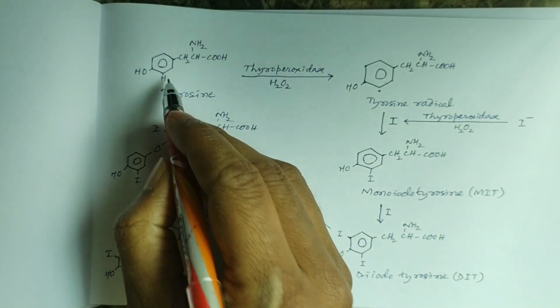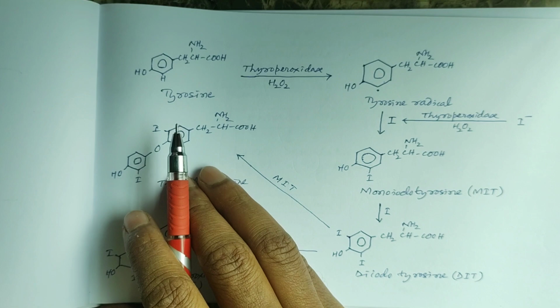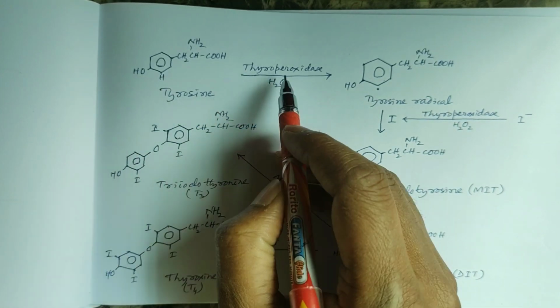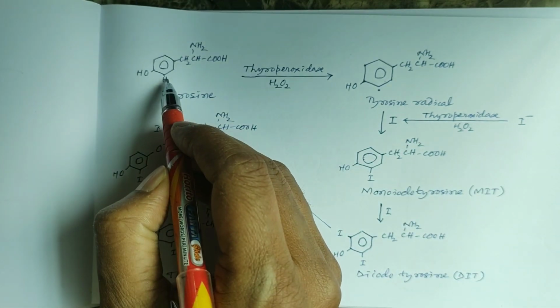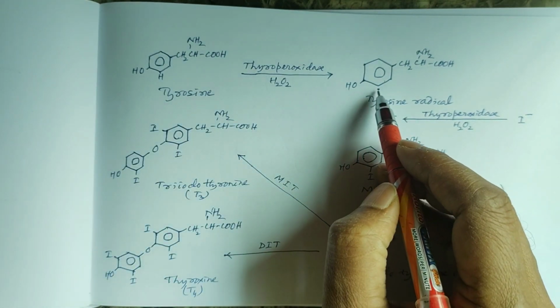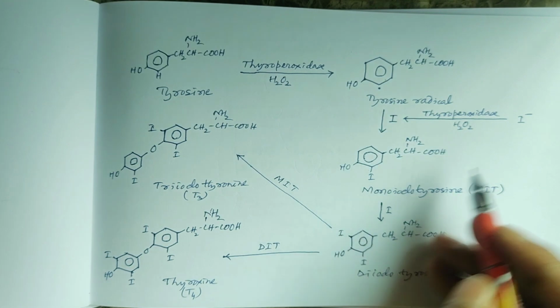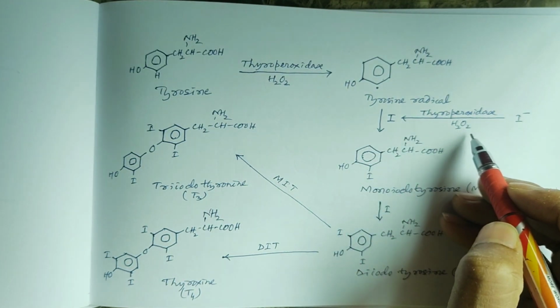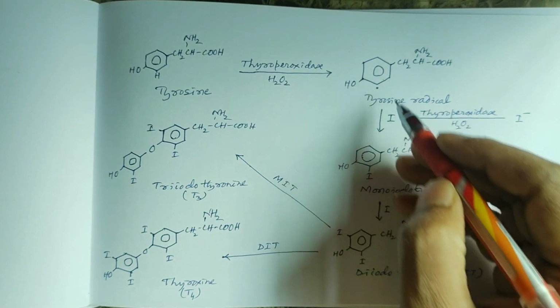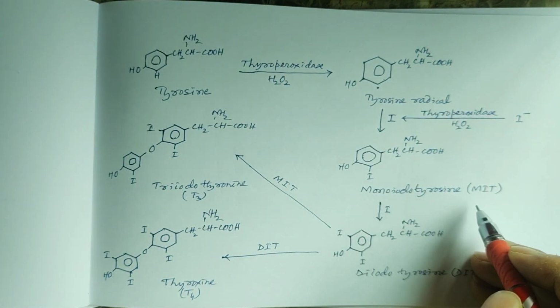You can see this is the tyrosine, and tyrosine amino acid in presence of thyroperoxidase and H2O2 becomes tyrosine radical. One hydrogen is lost here. And iodide is also converted to iodine in presence of thyroperoxidase and H2O2. Then this tyrosine radical is iodinated to monoiodotyrosine.